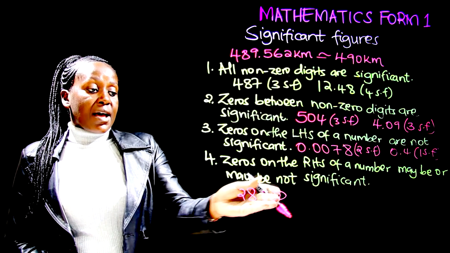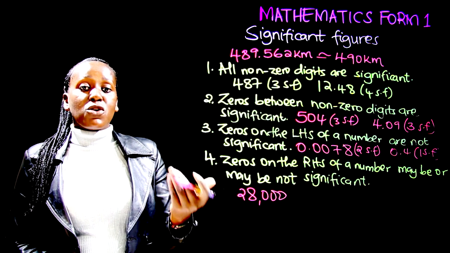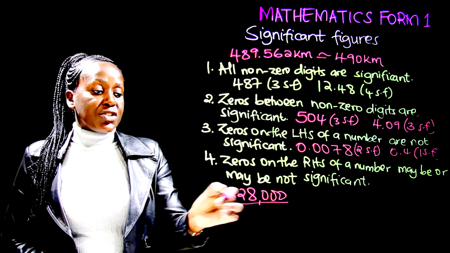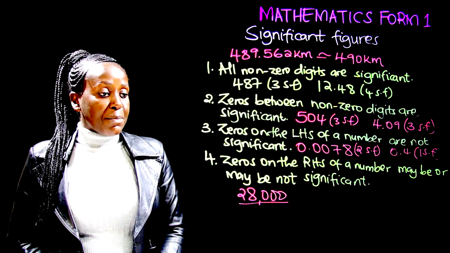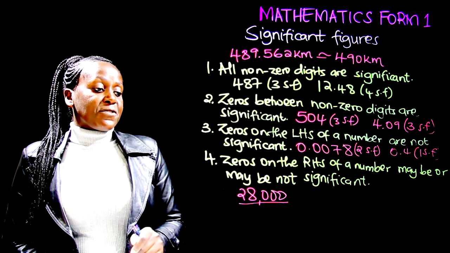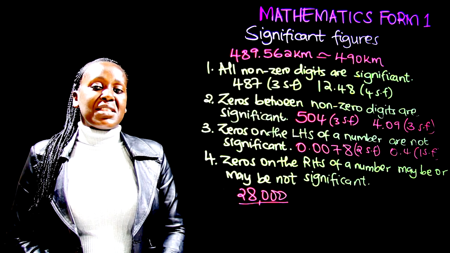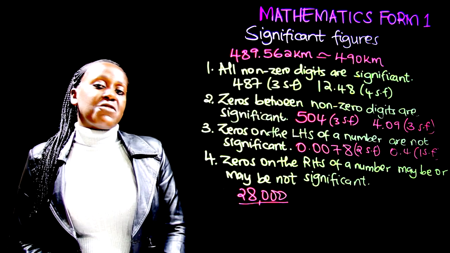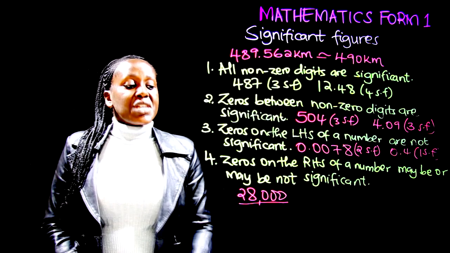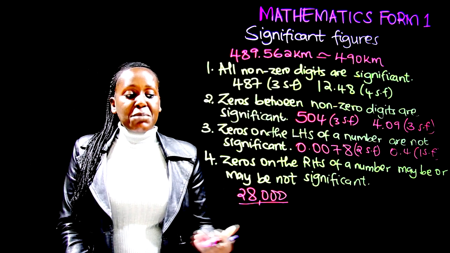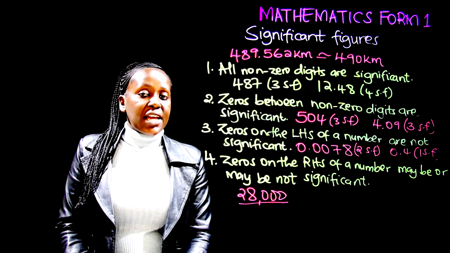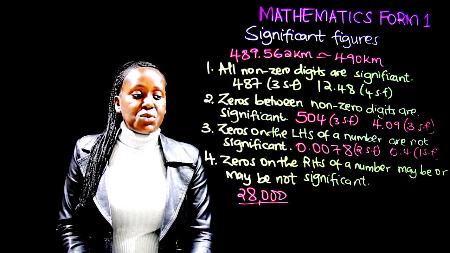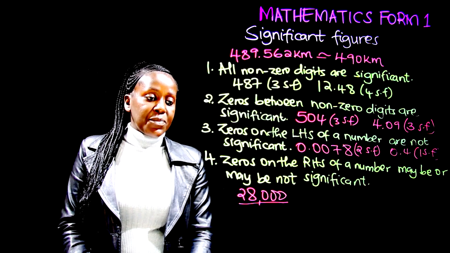So this number, if you want to write it to 2 significant figures, it's not going to change. It's going to remain the same. To 3 significant figures, it's going to remain the same. 4 significant figures, the same. 5 significant figures, the same. So you see, there are times when zeros may be considered significant and others not. When we do a practical example, this will sink in better.